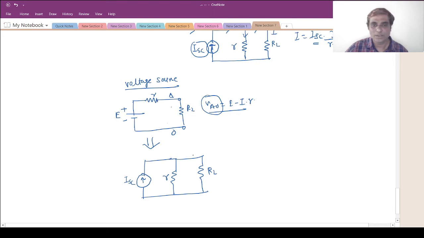Okay, and this will be my VAO. Okay, so ideal voltage source will be simply this terminal, ideal current source will be like this, and if it is a practical voltage source and current source, this is my practical voltage source, and this will be practical current source.